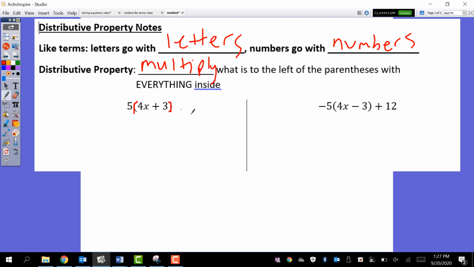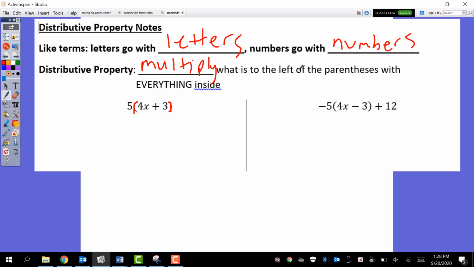Okay, so why do we have the parentheses and not just the multiply sign? Well, because the multiply sign you use when you're only multiplying two numbers together. And in this example, I'm not just multiplying two numbers, I'm multiplying several things by the same number. That's why there's the parentheses there.